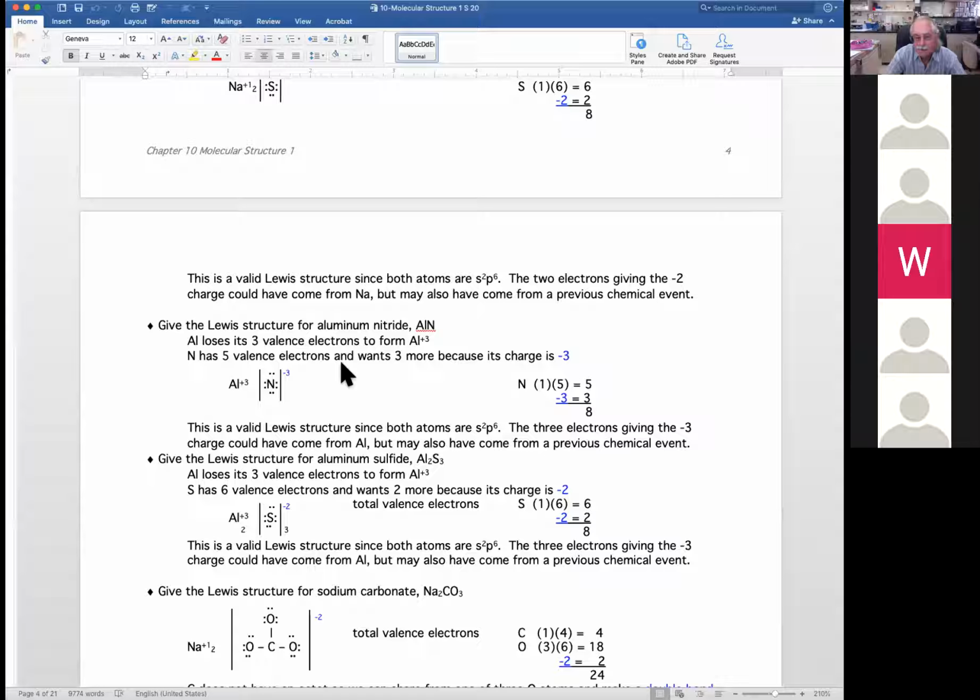It does not care how it does it. It might have to form a double bond or a triple bond. It might have to form an ion, right, to get the right number of electrons. And why does it want to do that? Because that's chemical stability. The octet rule represents s2p6. It doesn't care where it gets it.